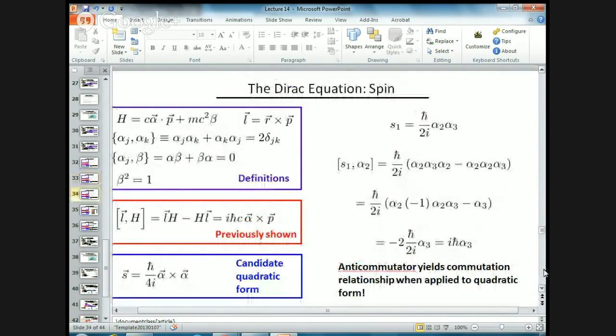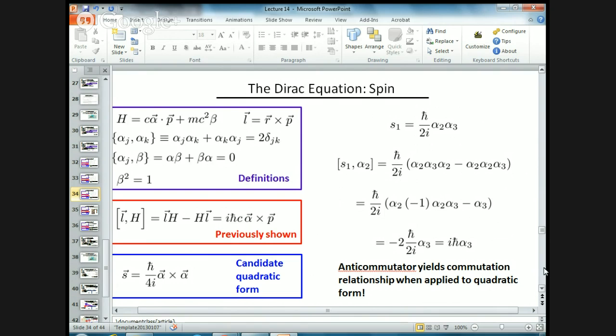And then here's the other thing, S1 with alpha 2. Now you see something that looks more familiar. Once again, a very straightforward operation just based on the anti-commutator relationship, not on the commutator, which is never given to us by Dirac. And you see the commutator of S1 and alpha 2 is i h bar alpha 3.